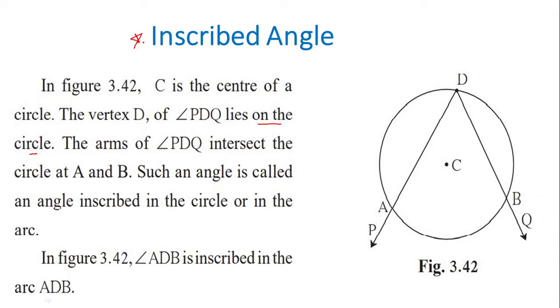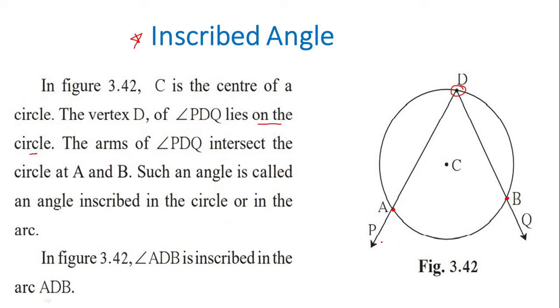Now let's see, in figure 3.42, C is the center of the circle. Then vertex D of angle PQD is lying on the circle, and the arms of this angle are touching the circle at points A and B. Such an angle is called an angle inscribed in the circle or in the arc.